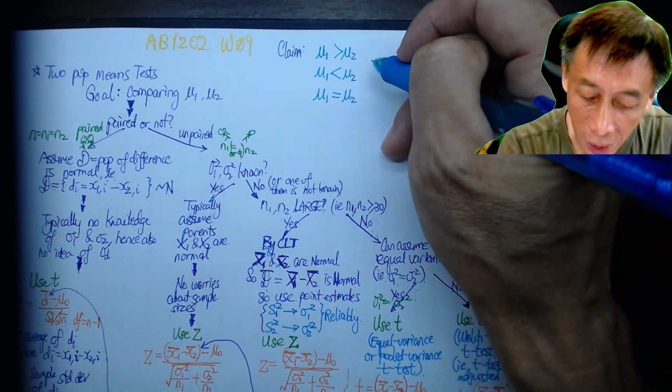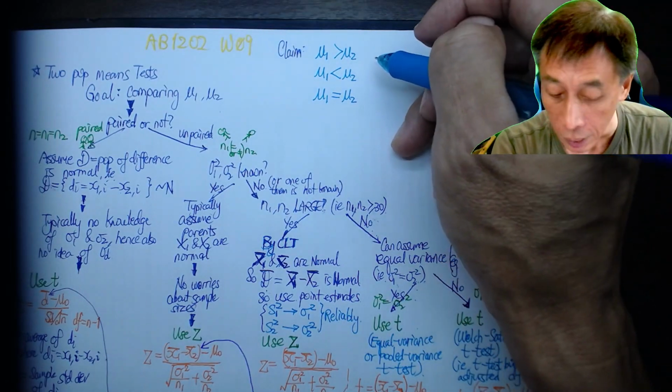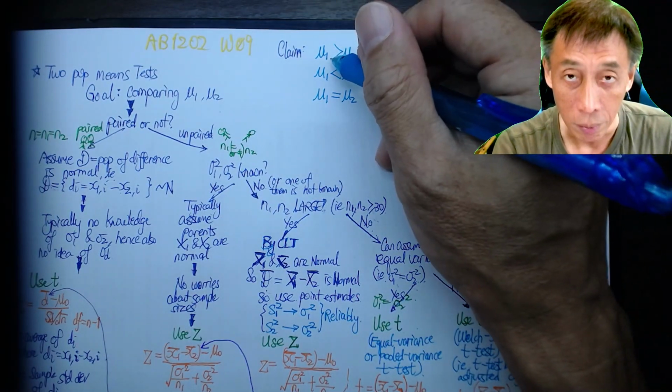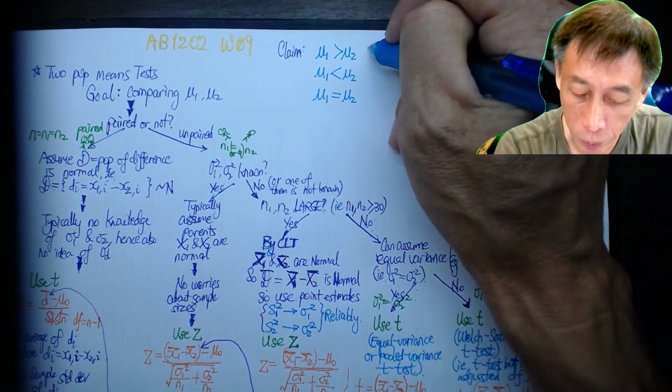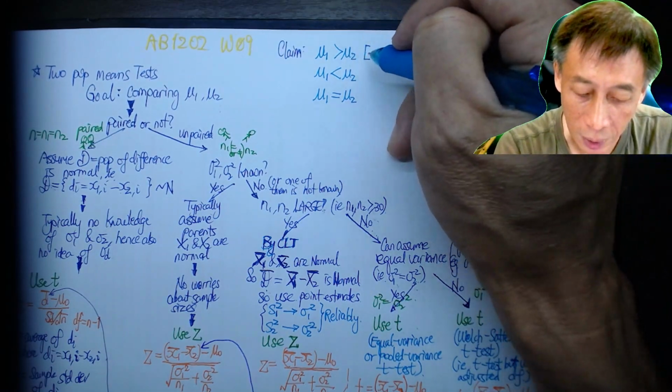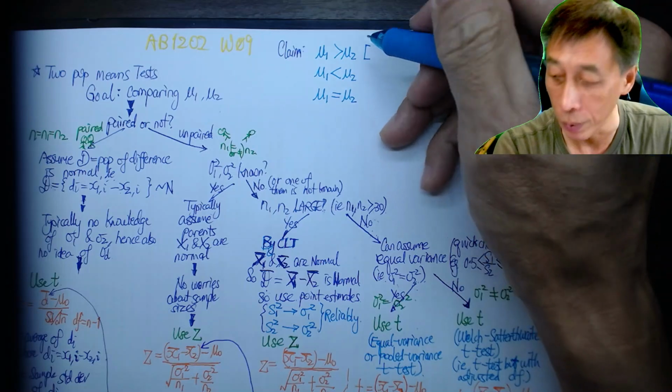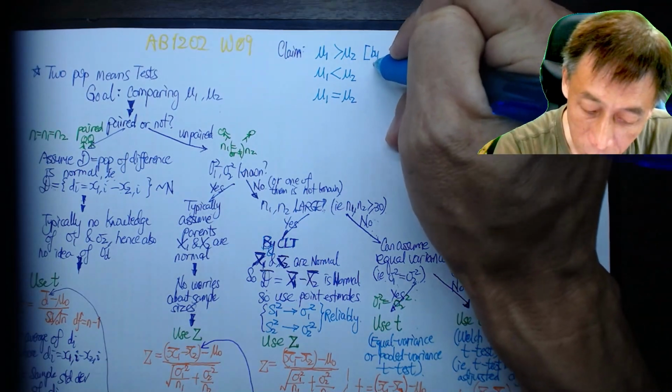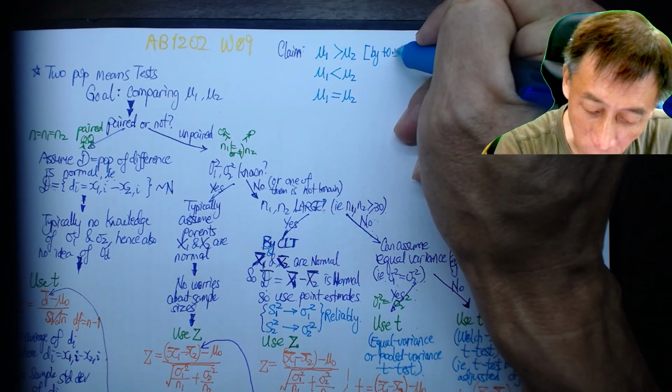And of course, these claims need not be just that the value itself is bigger or smaller. It can also be that NUS GPA is larger than NTU GPA by at least 0.5 or more.